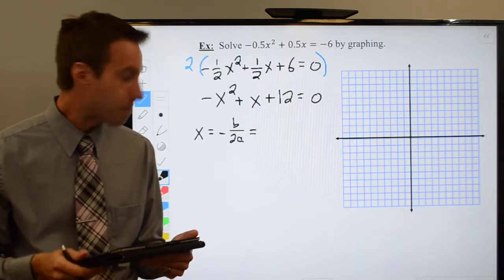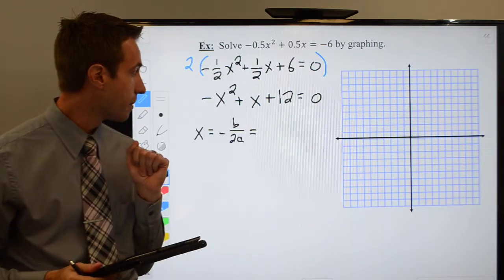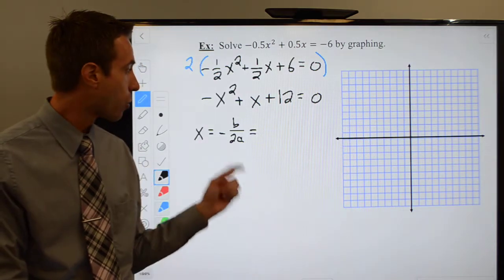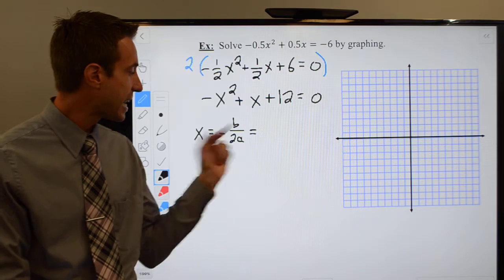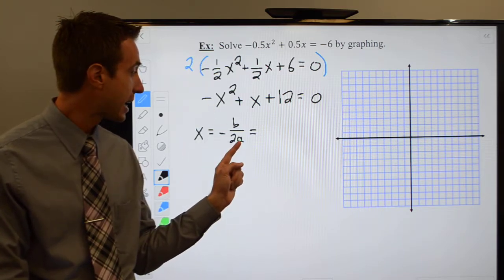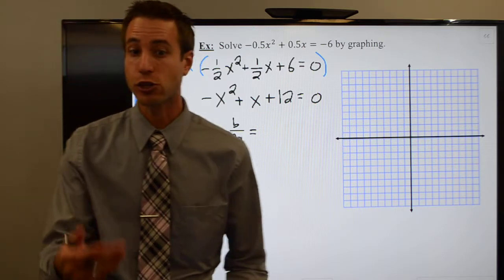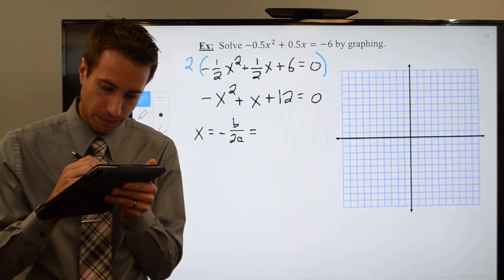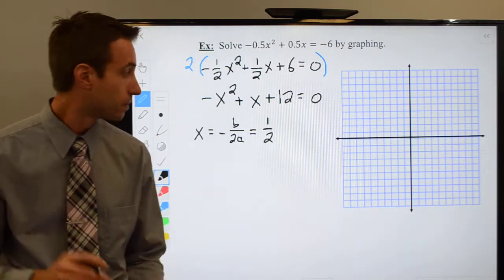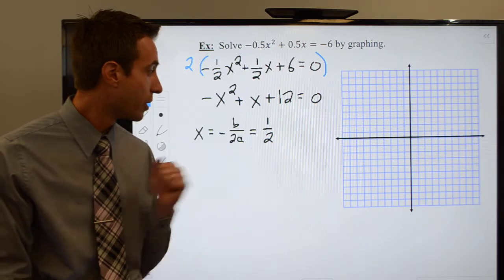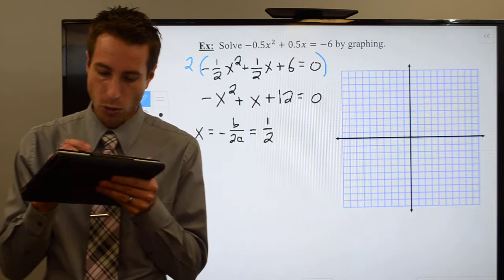My b is a positive 1, my a is a negative 1, and so what I wind up with is a negative 1 divided by a negative 2, which should come out to be a positive 1/2. I'm going to start my xy table then with x equals a positive 1/2.